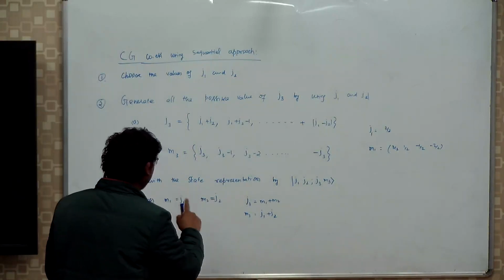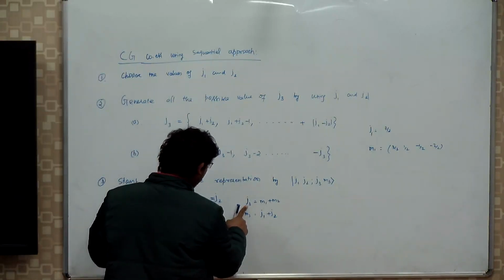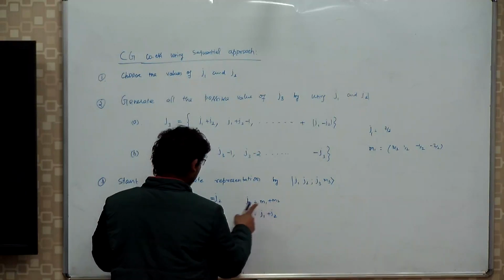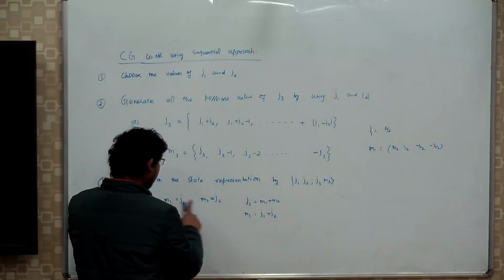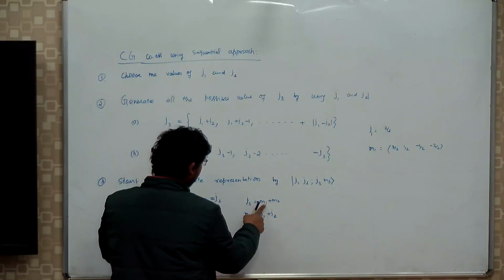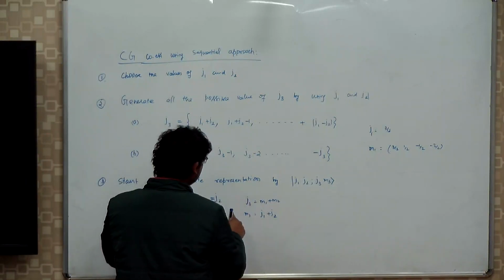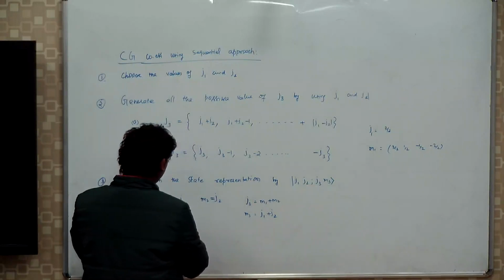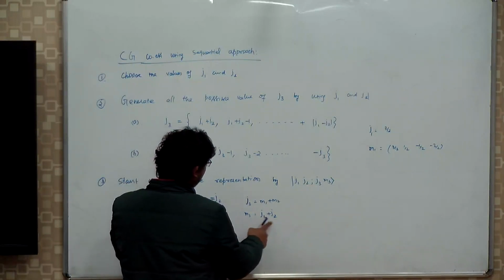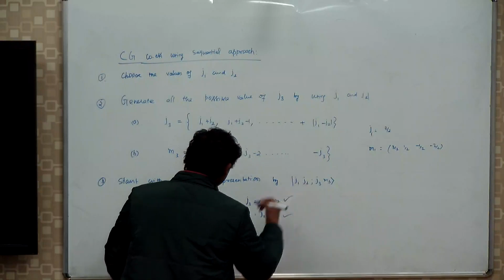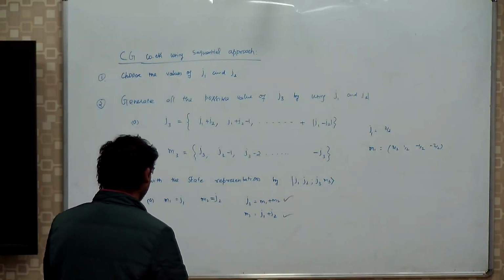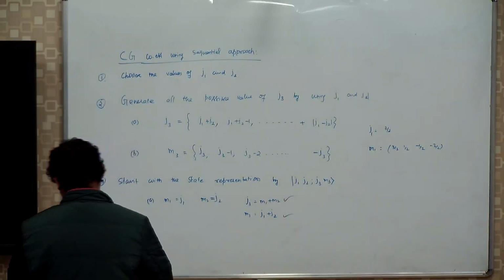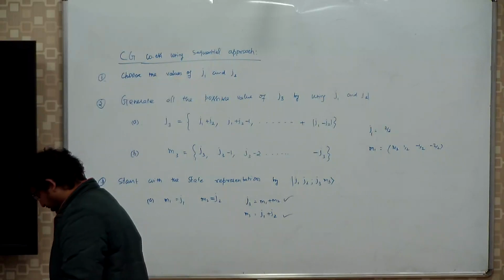So if j3 is equal to j1 plus j2, then if j1 equal to m1 and j2 equal to m2, then m3 will be m1 plus m2. In other words, m3 is equal to m1 plus m2, and m1 is j1 and m2 is j2. Both conditions can be written as m3 equal to m1 plus m2 and j3 equal to j1 plus j2. There is no problem in writing this.